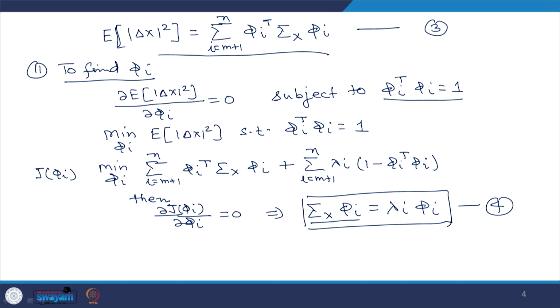Now this value of sigma x phi i substitute here. So, basically what are phi i and lambda i? They are the eigenpair of the covariance matrix.